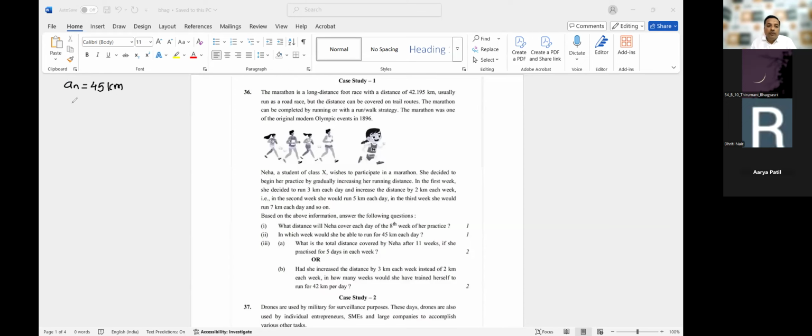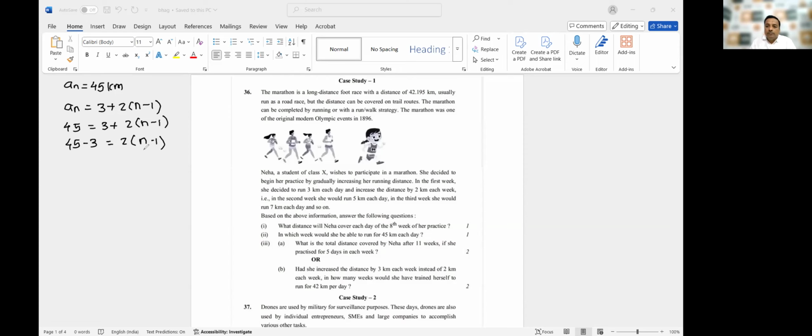So we have the formula an is equal to 3 plus 2(n minus 1). So 45 is equal to 3 plus 2(n minus 1). First we have to shift this 3 to that side. 45 minus 3 is equal to 2(n minus 1).